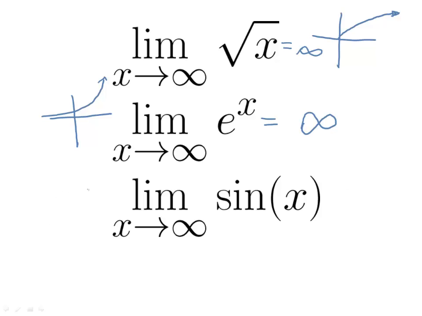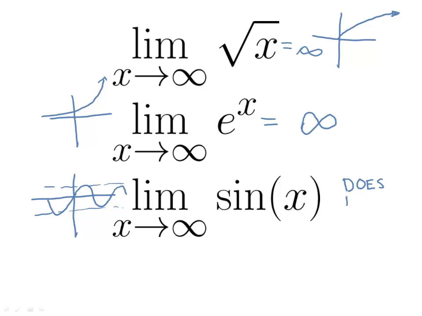Okay, let's look at the limit as x approaches infinity of sine of x. Well, let's look at the graph of sine of x. It looks like this, right? And it goes on forever. It never gets above 1 and never gets below -1. So then what is it? It does not exist.